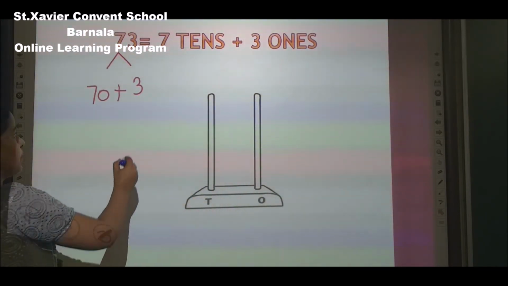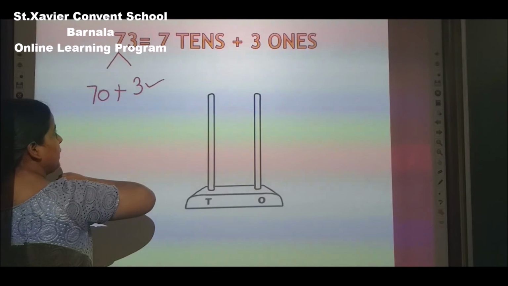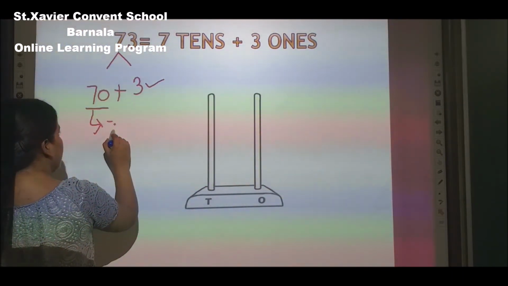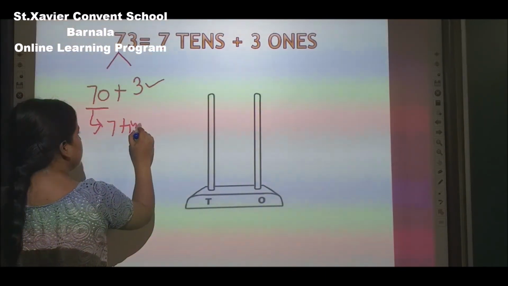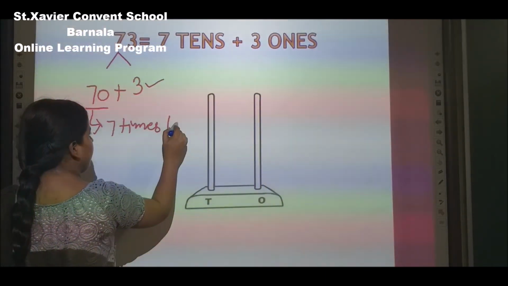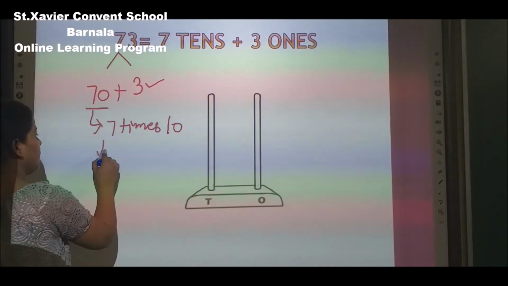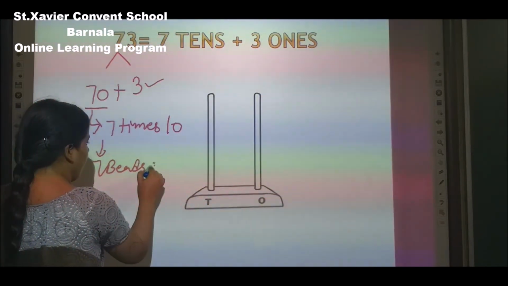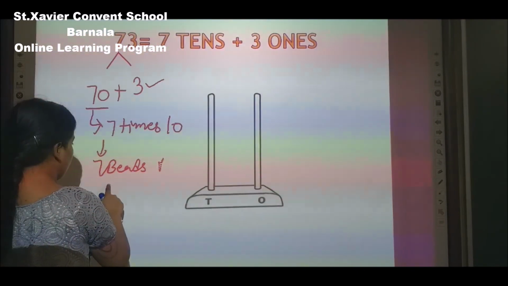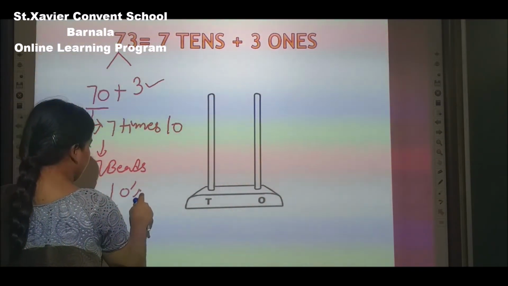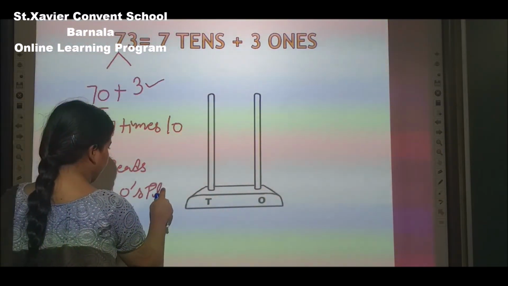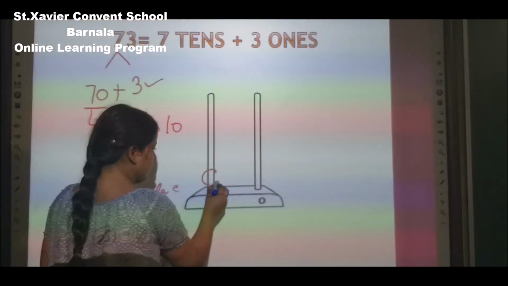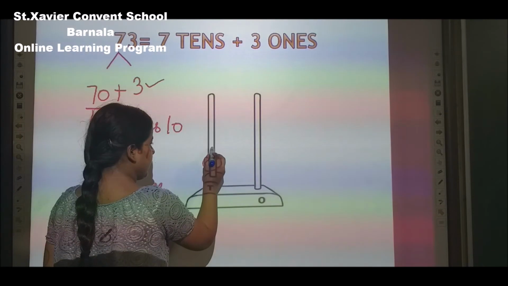So at the ones place we have 3 beads and 70 means 7 times 10. So 7 beads at the tens place.